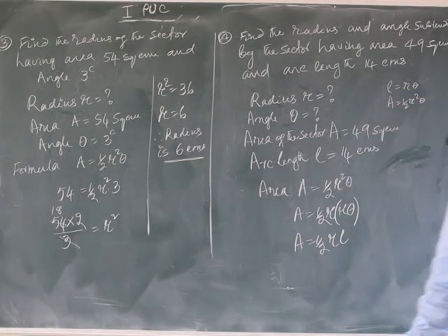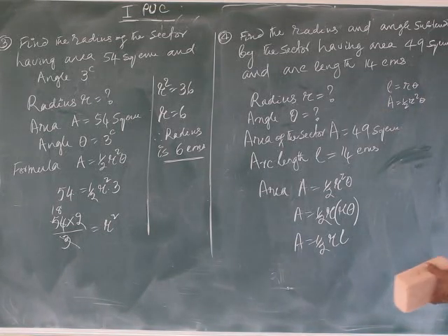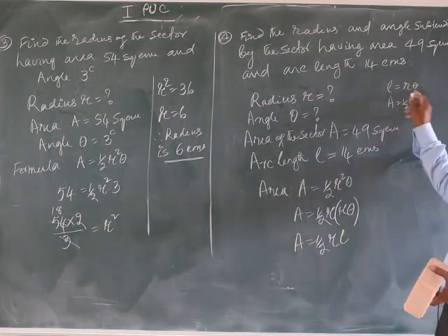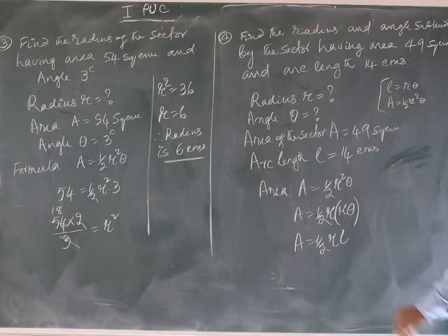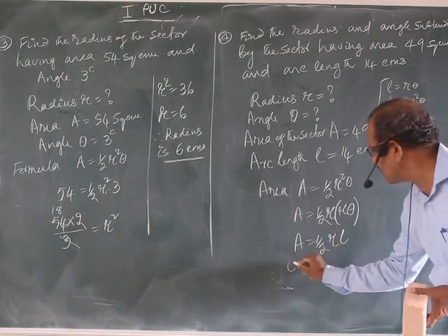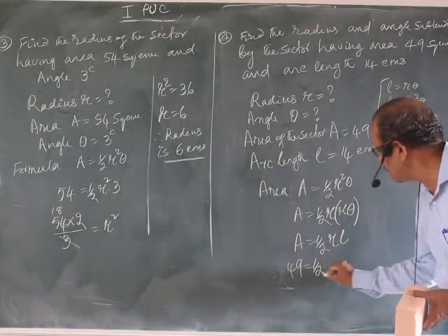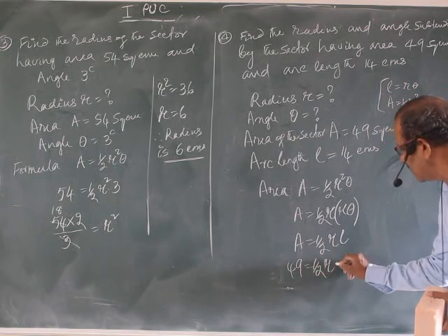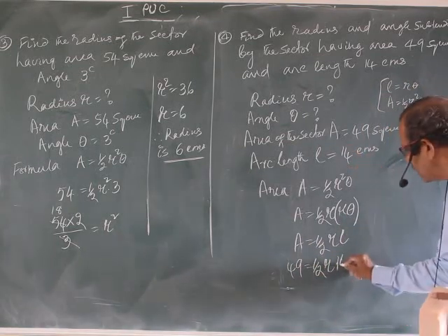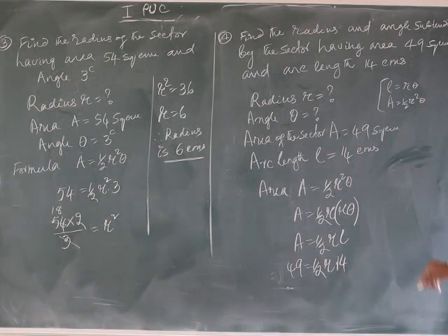Half into r into L, because r into theta is L. Now A is given as 49. Half into radius, not known, leave it. But L is given, 14.